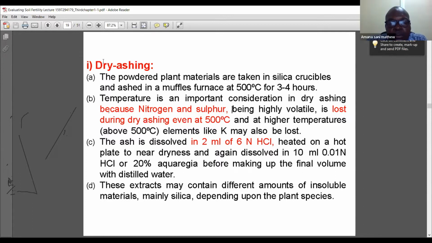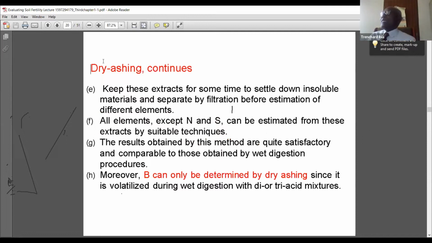The ash is dissolved in 2 ml of 6 normal HCl, heated on a hot plate to near dryness and again dissolved. These are all procedures. The extracts may contain different amounts of insoluble materials, mainly silica, depending on the plant species. If you are doing grass plants, sugarcane, forage grass, you are likely going to have a lot of silica in them, and this becomes part of what you consider in the analysis.